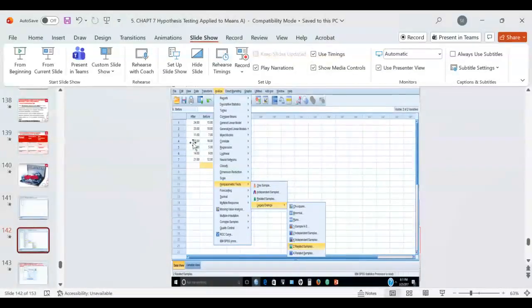So you have your 2 sets of data, before and after, and you write them as after and before, just like x2 and x1. Instead of x1, x2, you put x2, x1. Anyway, we go to analyze, non-parametric test, legacy dialog, and then 2 paired samples.